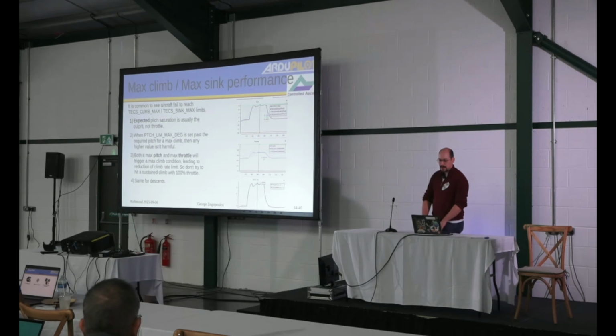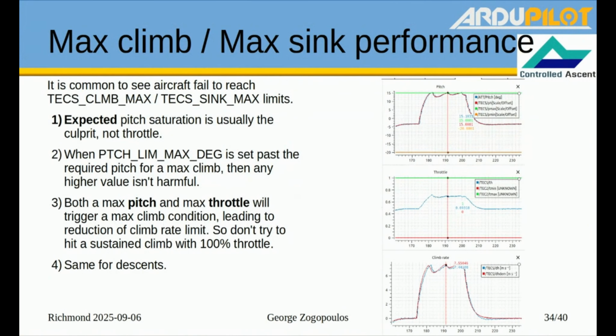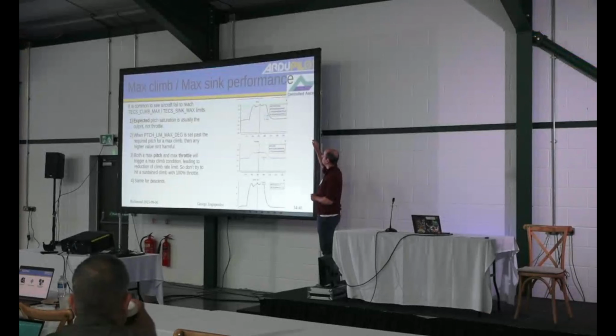Another note about max climb and max sink performance. Oftentimes when you have gone through the TECS calibration guides, they say to please fly in FBWA at max throttle at your cruise airspeed and record your pitch angle, maximum, minimum, etc. But you still get this behavior where your pitch angle reaches its maximum and then dips and then climbs again, dips and climbs again.